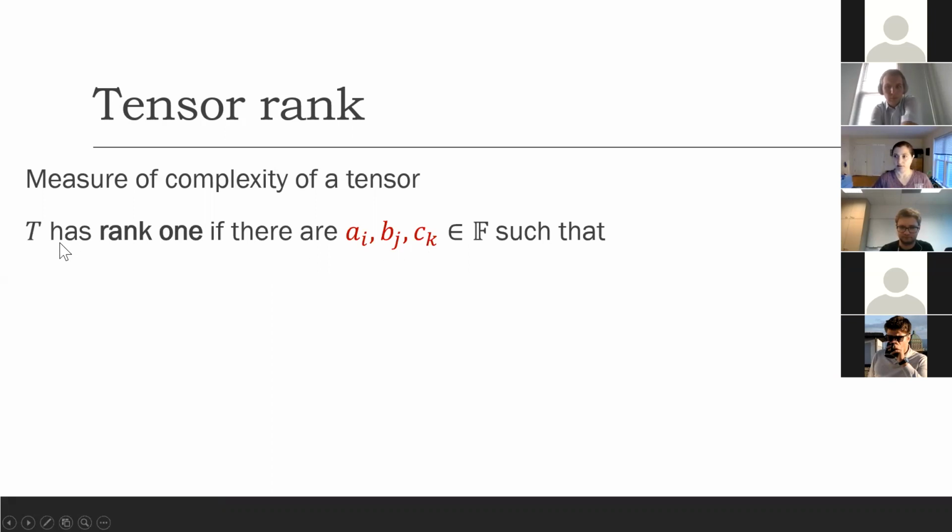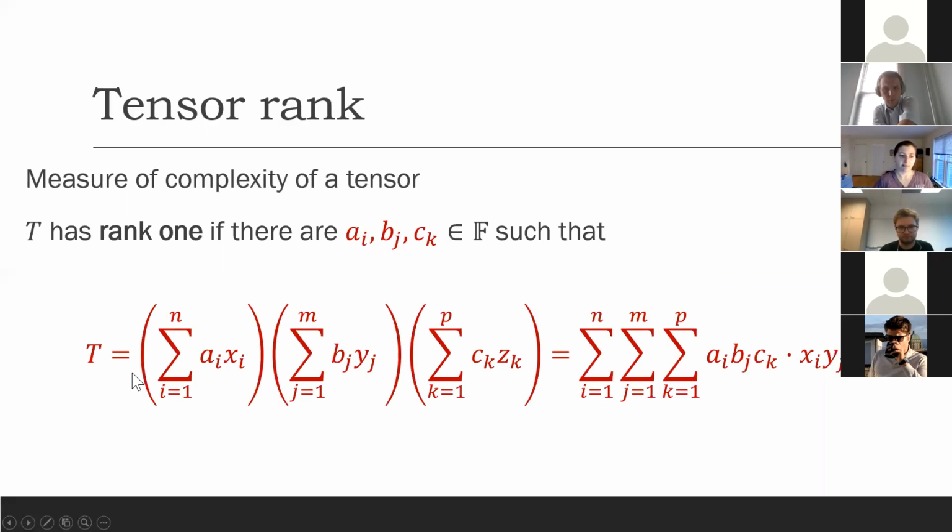A tensor T, which is a multilinear polynomial, has rank 1 if there are vectors A, B, and C with entries in the field, so that you can express the tensor as a product of a linear combination of your x variables with coefficients from A, times a linear combination of the y variables, times a linear combination of the z variables. When you write it out, its coefficients are a_i times b_j times c_k for each i, j, k. Often we write it as A tensor B tensor C. This is what a rank 1 tensor is.